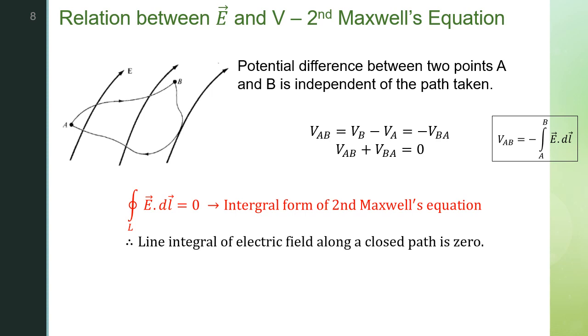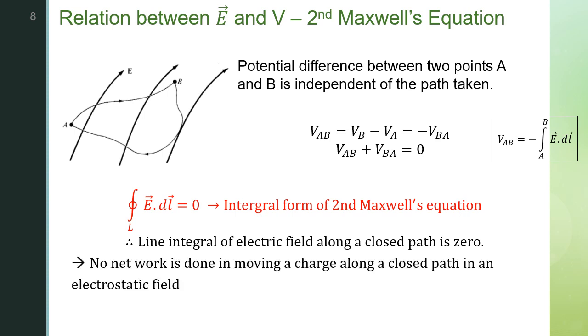It states that the net work done in moving a charge around a closed path in an electrostatic field is always equal to 0. That is the statement of the second Maxwell's equation: if you want to move a charge around a closed path, we don't have to do any work.